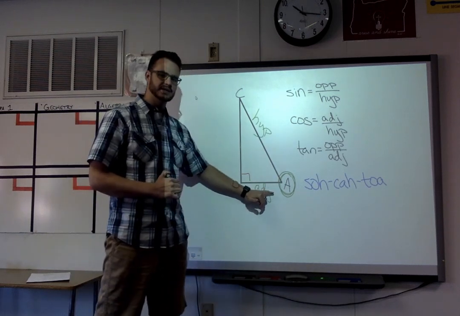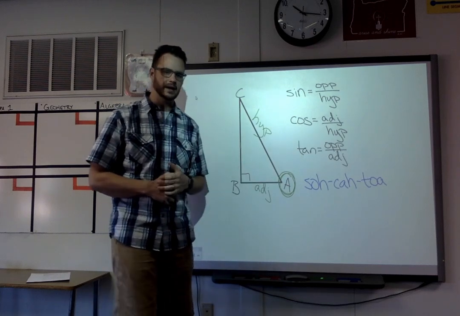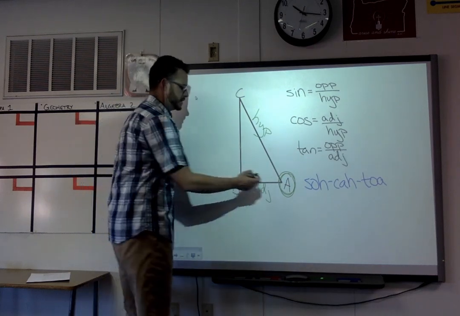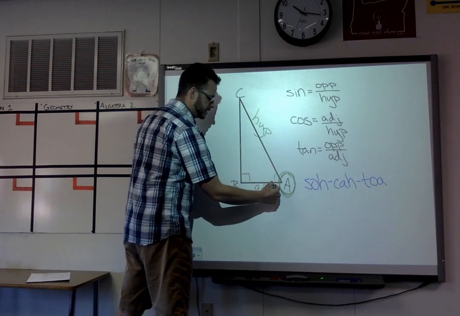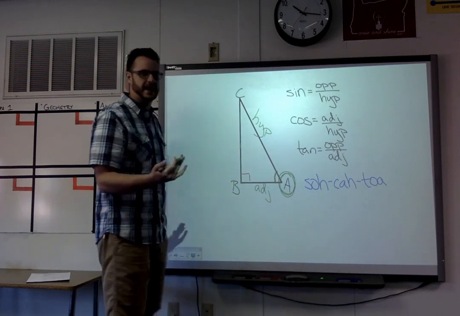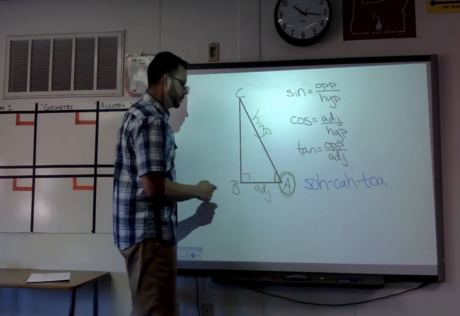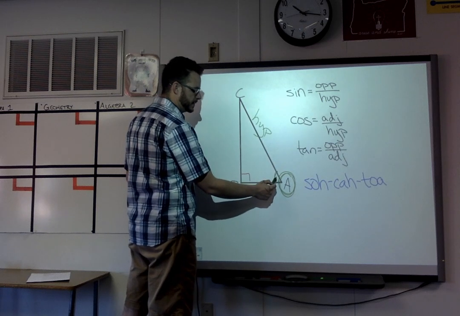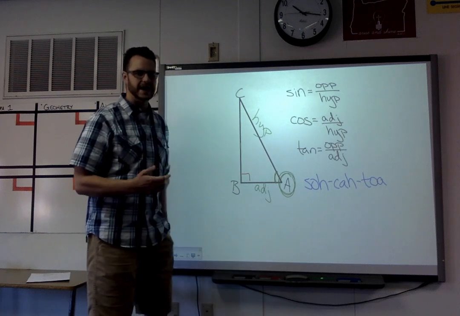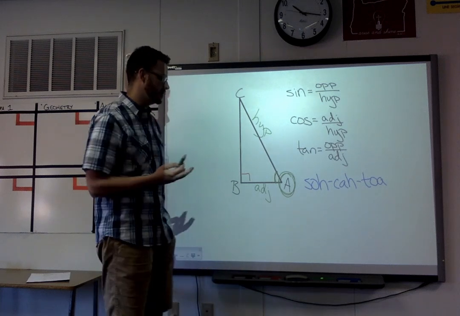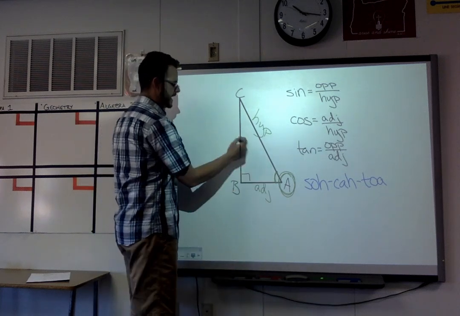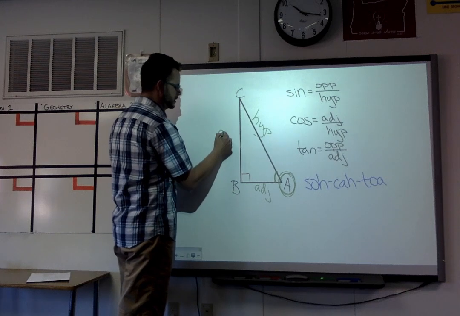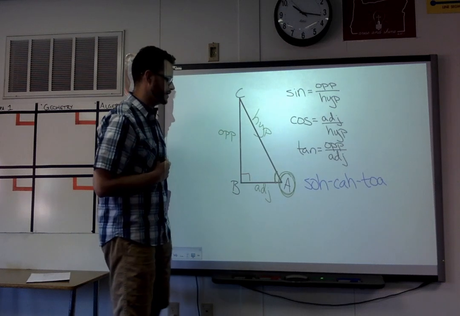Again, the adjacent side is always shared with the angle that you're working with. The opposite side is just exactly that. It's opposite of the angle you're working with. So for angle A, the opposite side would be the side that it does not share with the angle, which in this case is side BC.